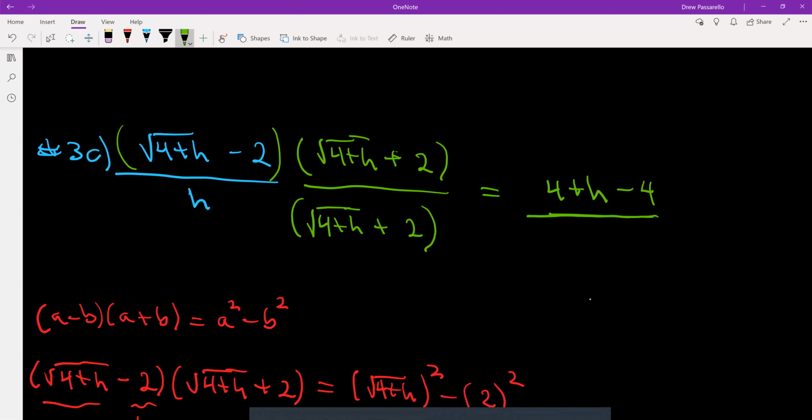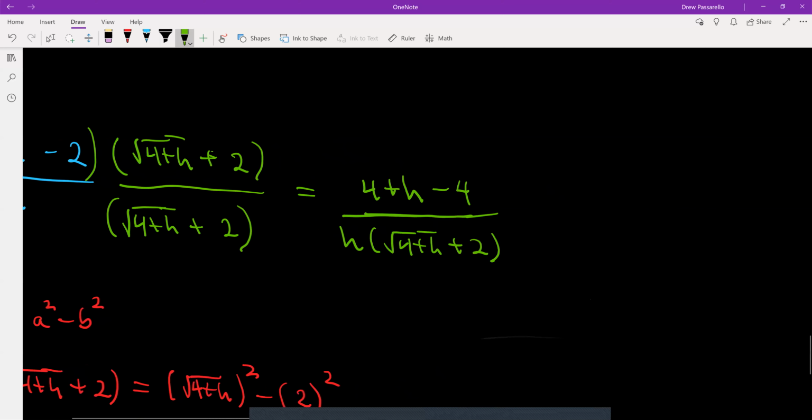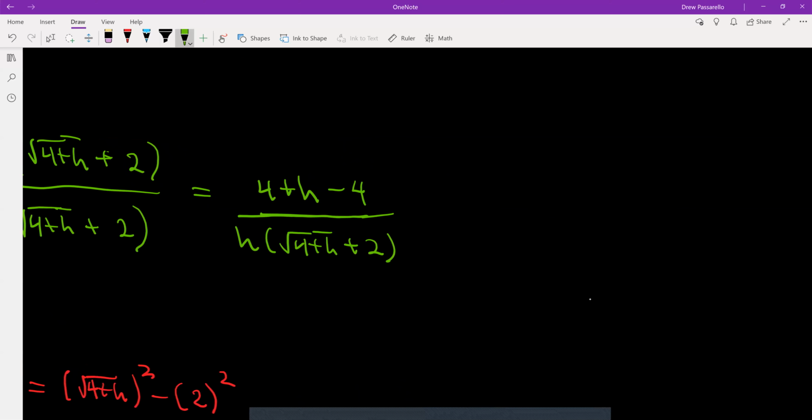All right, and on the bottom, I'm just going to leave it as h times square root of 4 plus h plus 2. I did not distribute the h yet, because you'll see in a second why. So 4 and minus 4. So that gives me h up top.